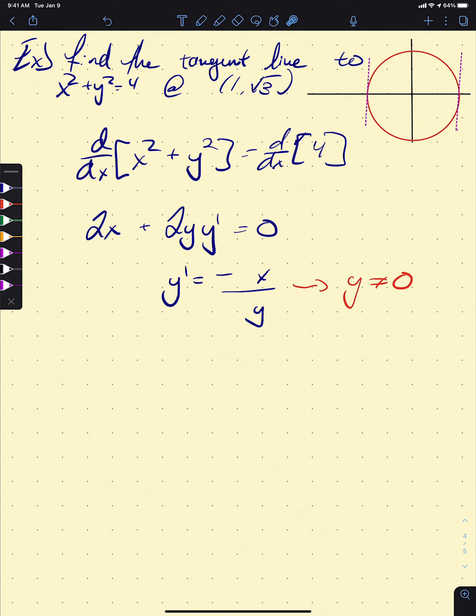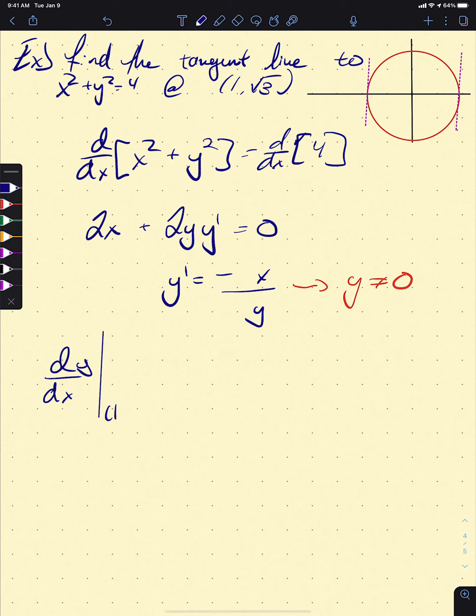So that would mean we would need the slope. But look at this, we know that y prime, which is our slope, is just governed by this, right? So what I can do is take dy/dx, and if I want to plug in (1, square root of 3), there's this fancy notation where you drop a vertical line.